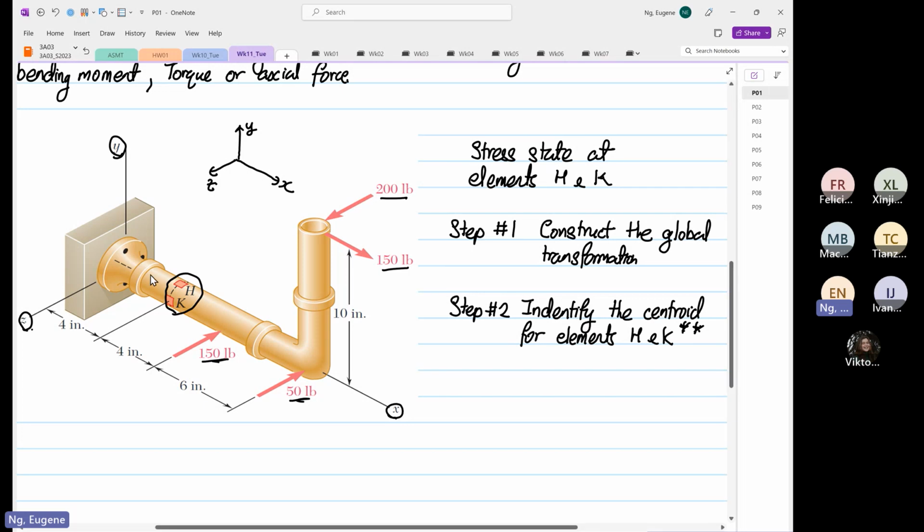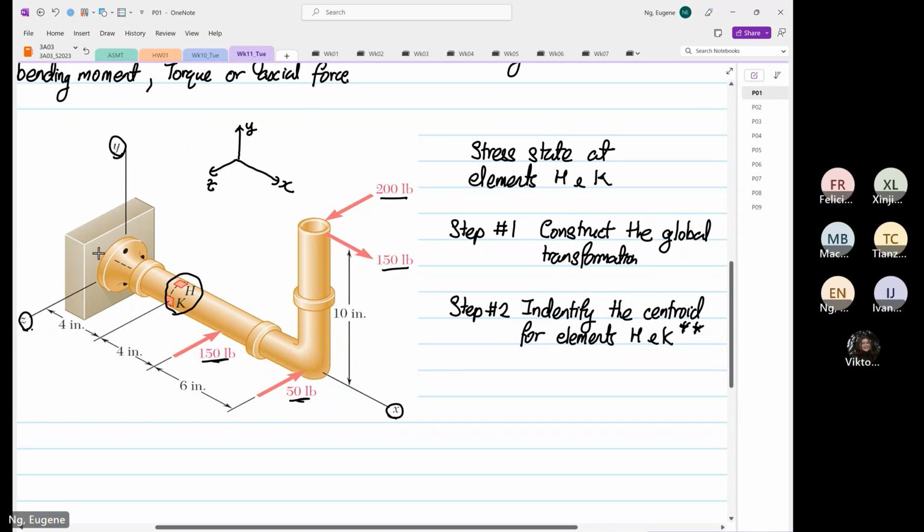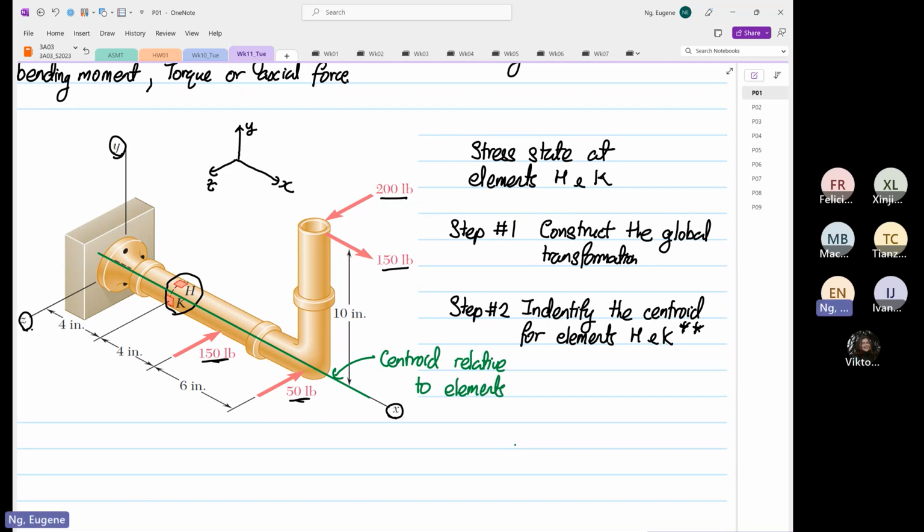So you have to define where your centroid is relative to the element. So this is the centroid, and I'm going to sketch the centroid relative to elements H and K.